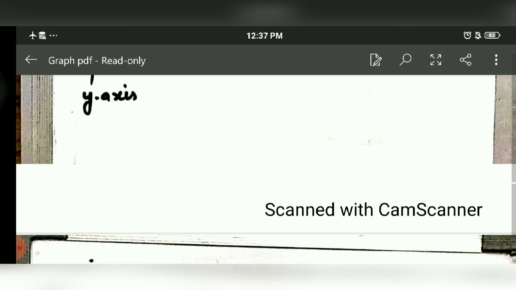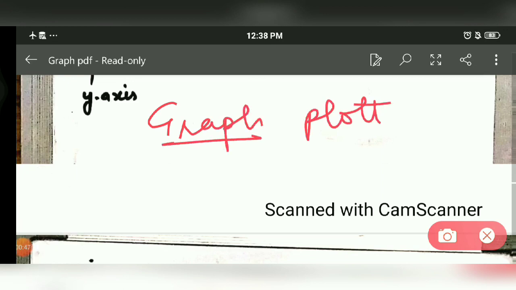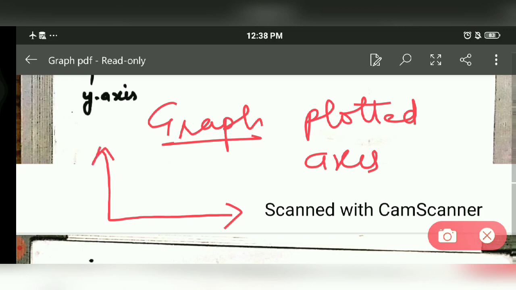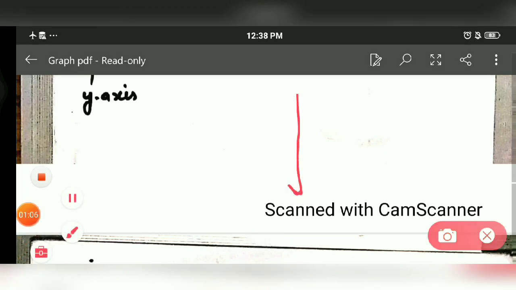So a graph is always plotted between axes, and these axes are at right angle to each other. In general, we have three axes: x-axis with positive direction, minus x-axis with negative direction, y-axis positive y, negative y, and z-axis which is 90 degree to this plane I'm teaching you.